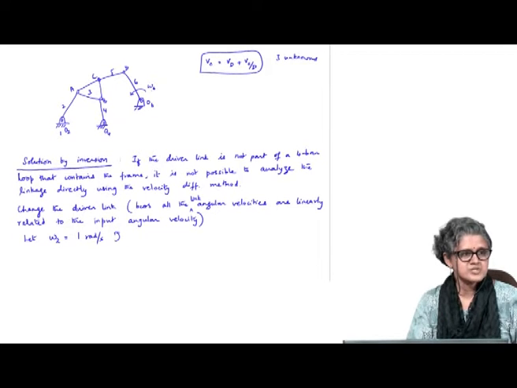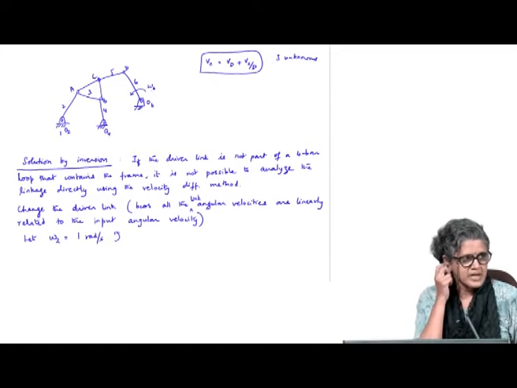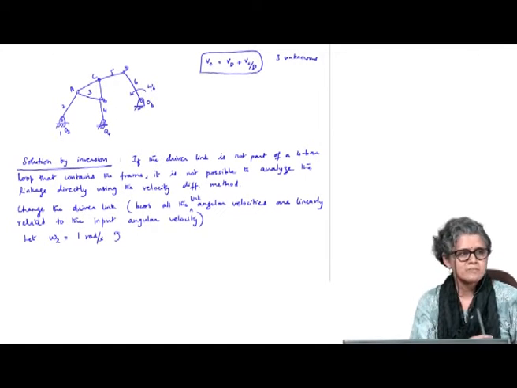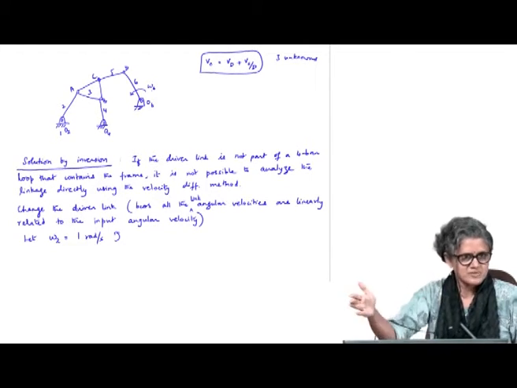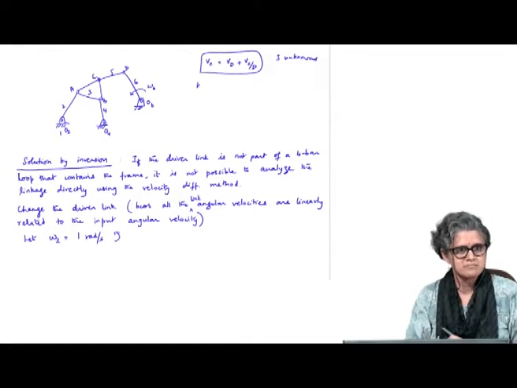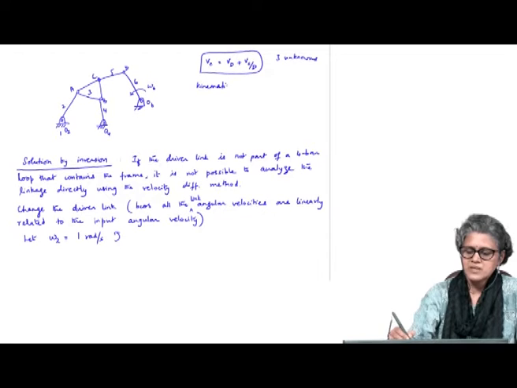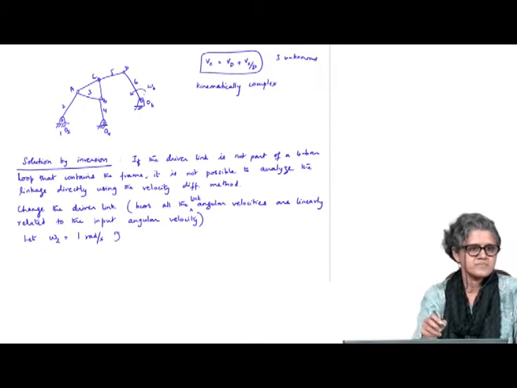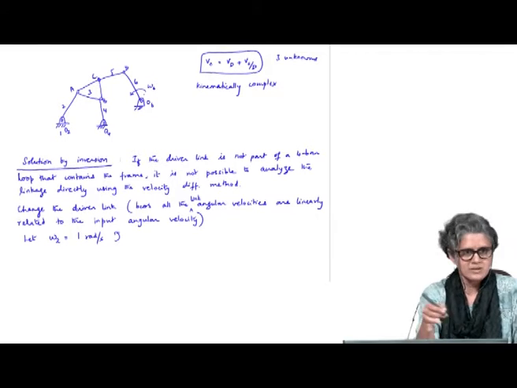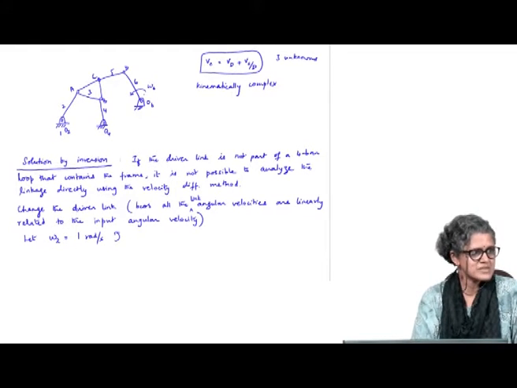Okay. So this is solution by inversion. If the mechanism is not easily solvable by the velocity difference method, it's called a kinematically complex mechanism, because you don't know the path of some points that you require as you apply the velocity difference method.